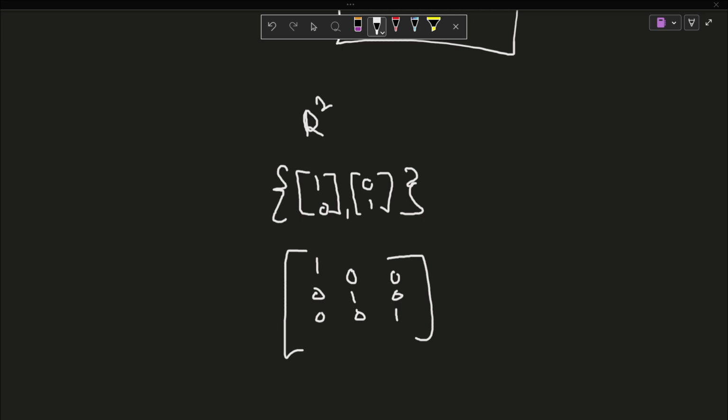And so two more theorems actually. If you have a basis for a vector space, and then some vector, so I'll write this out.